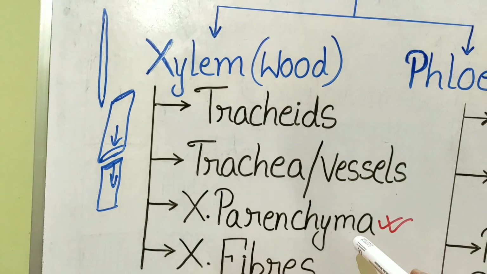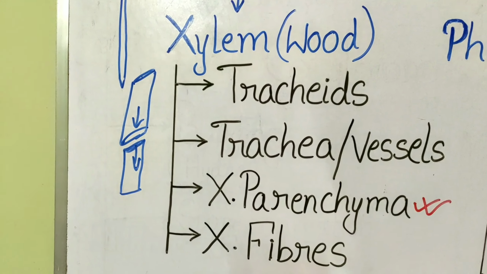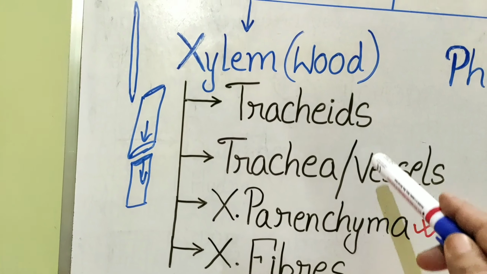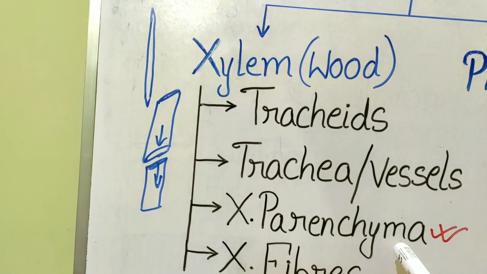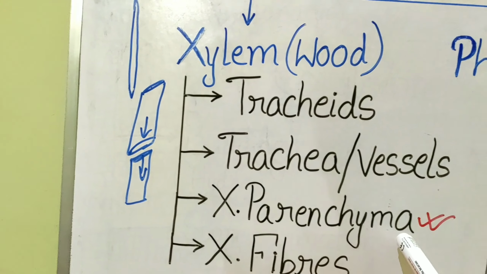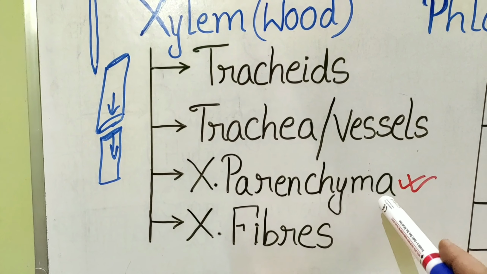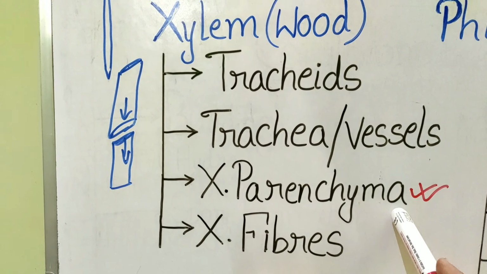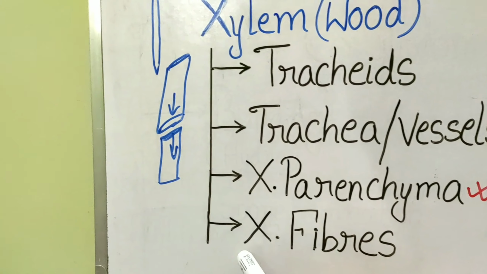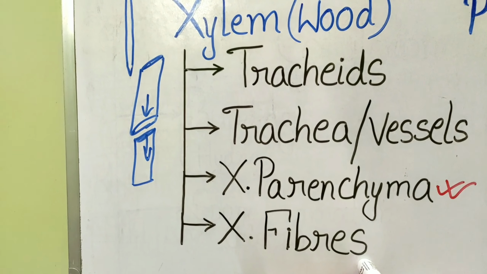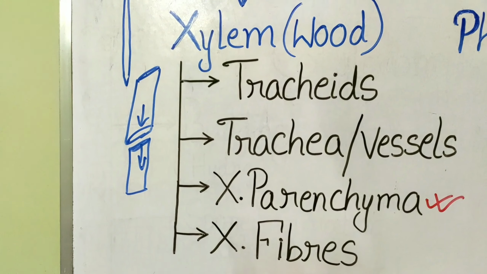In them tracheids are there, xylem parenchyma is there, and xylem fibers are there. In them water conduction takes place through tracheids and xylem parenchyma. Xylem parenchyma is mainly associated with the storage of food, but it can also help in the lateral conduction of water and minerals. And xylem fibers are dead and have a very narrow lumen.